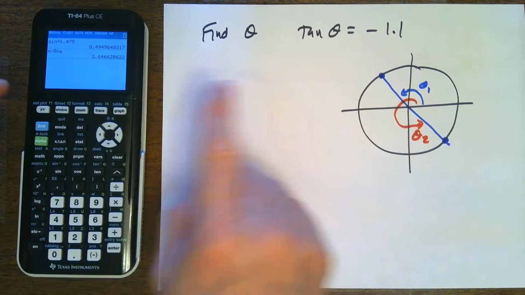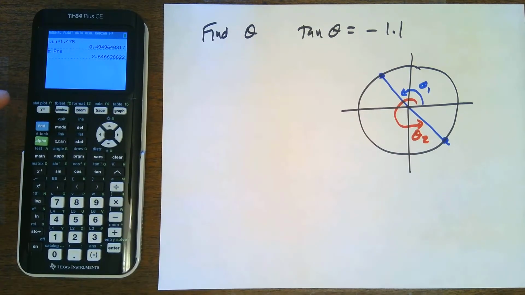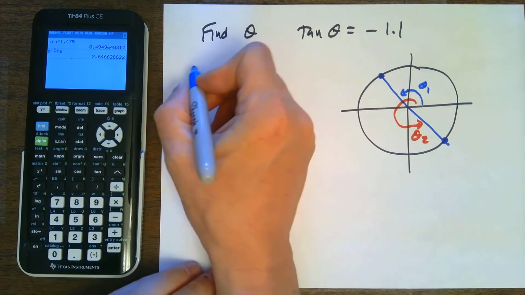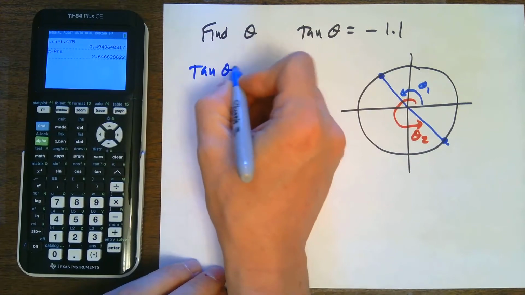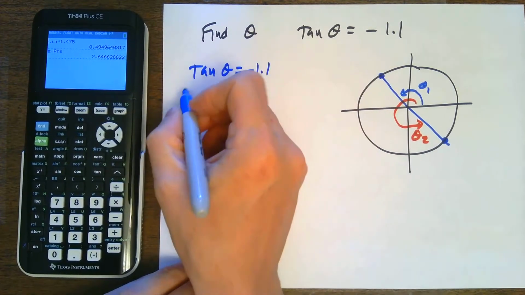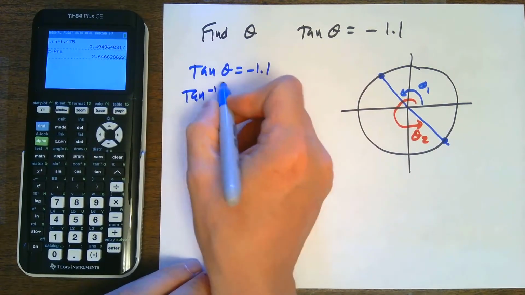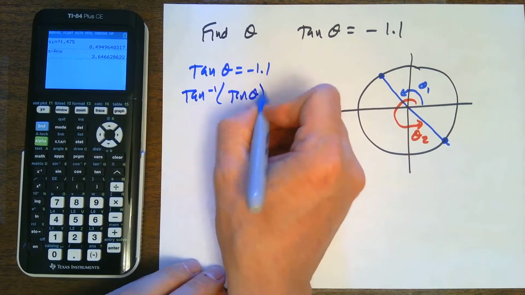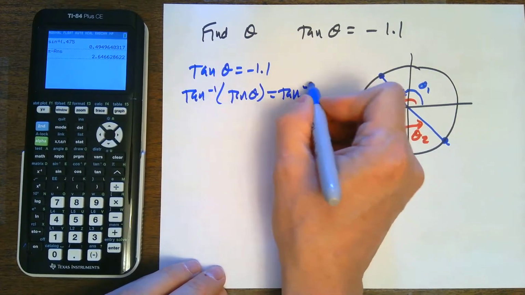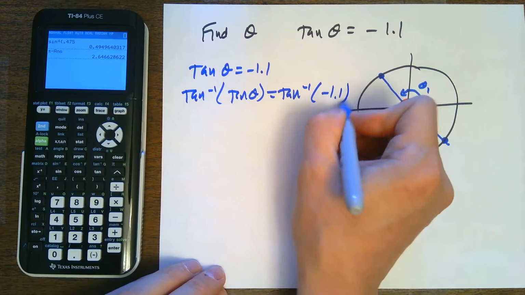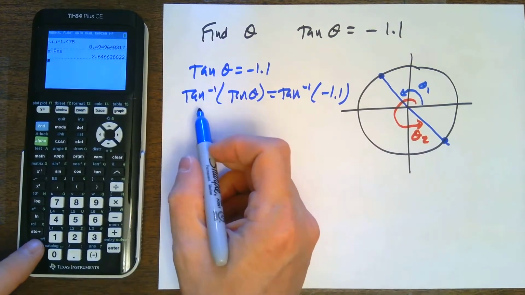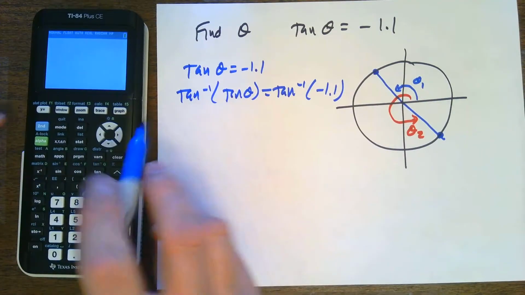First thing I'm going to do is the inverse tangent. On the last example, I used arc sine. Tangent theta equals negative 1.1. The inverse tangent of the tangent of theta equals the inverse tangent of negative 1.1. So arctan and inverse tan are the same thing.